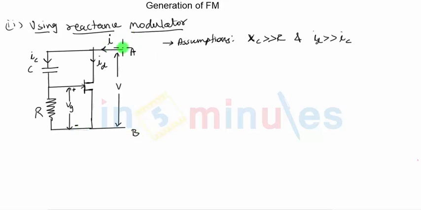So looking through the output terminals A and B, we have to prove that the overall circuit acts as a capacitor.